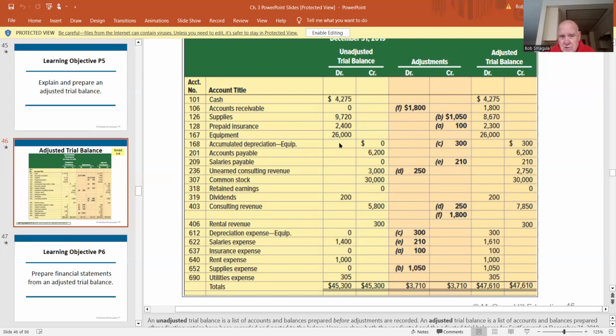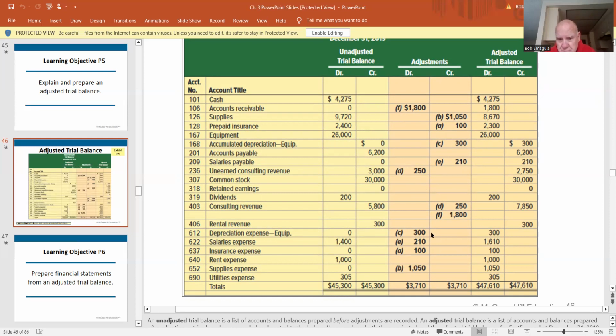The adjustment, though, shows up in the contra asset account called accumulated depreciation, 300. Bring the 300 over here.